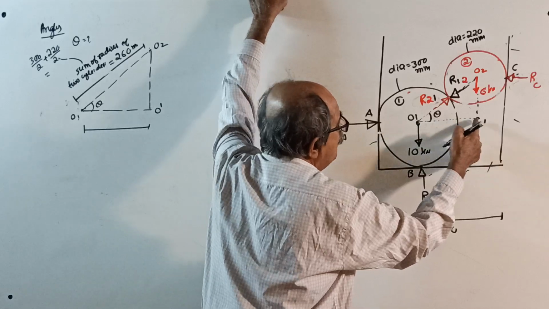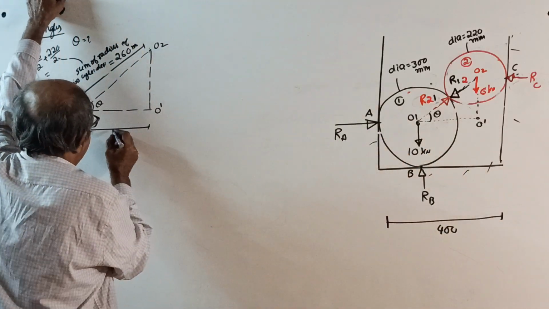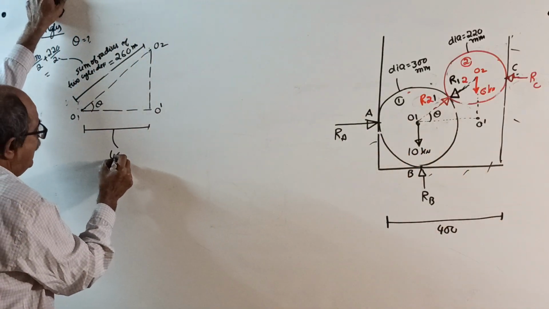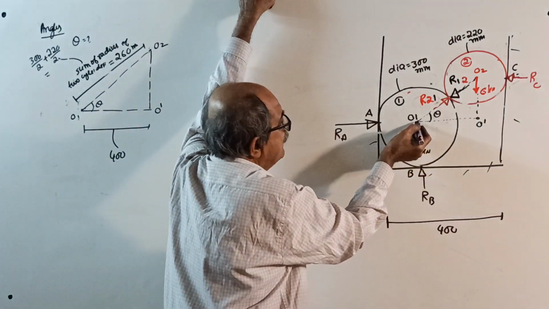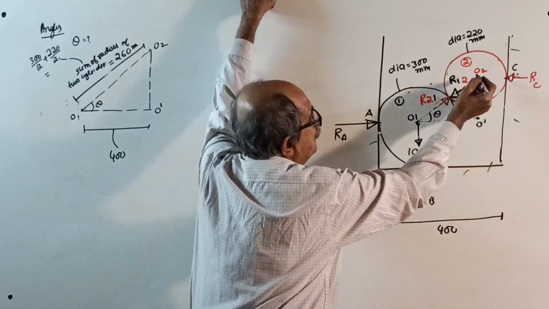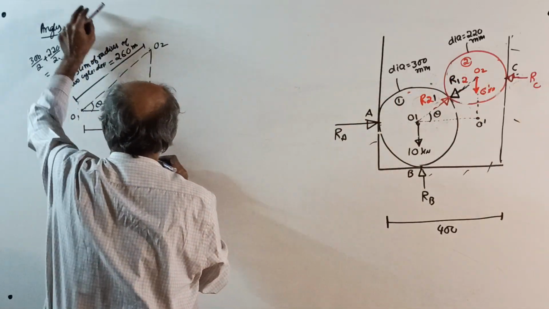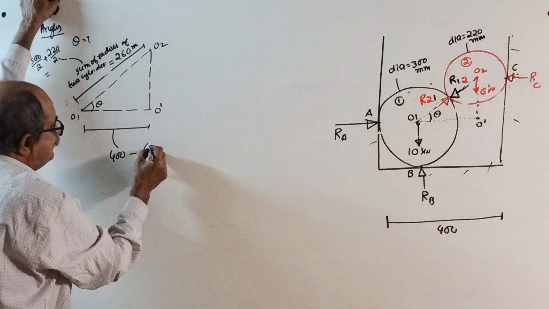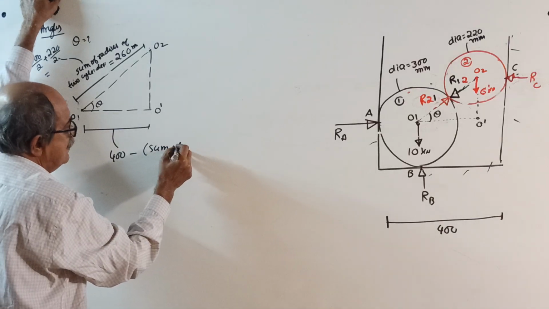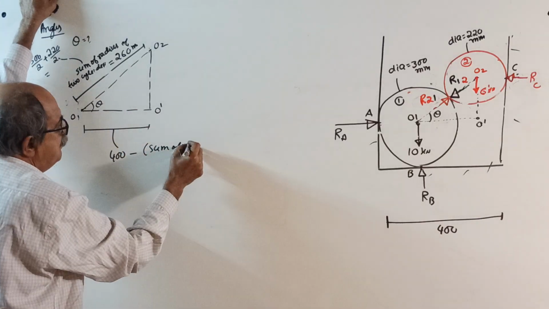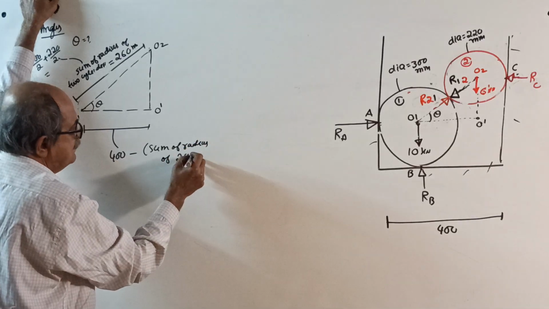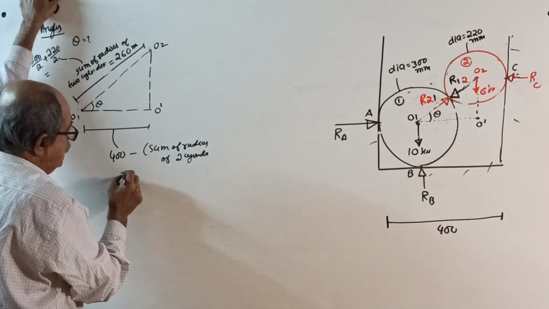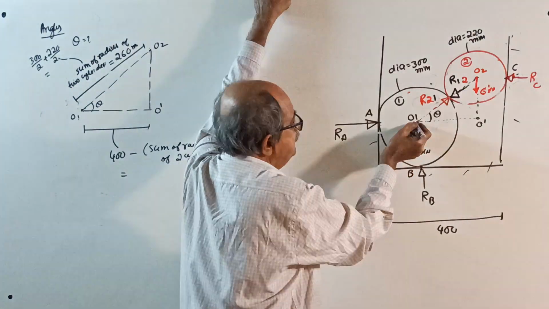Now, O1 to O dash is how much? 400 minus this radius, minus that radius, the sum of the radius of two cylinders.